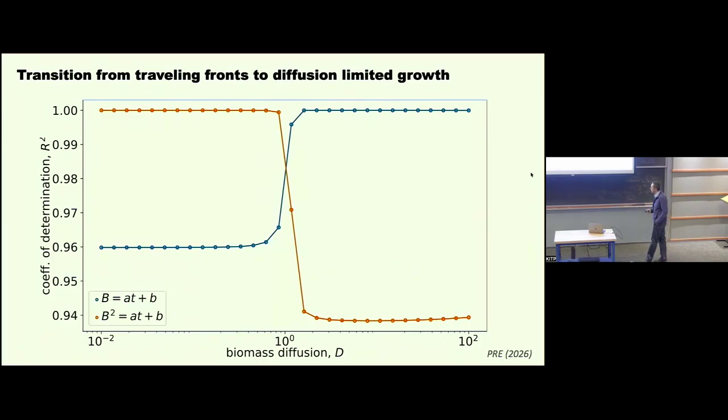And what you find is that when this biomass diffusion is low, the square root fits better. When the biomass diffusion is high, the linear expansion fits better. So it looks like we have a transition at some value between these two different regimes. So now, let me briefly go through what happens in each of these regimes, and then maybe come back to biology and active matter.